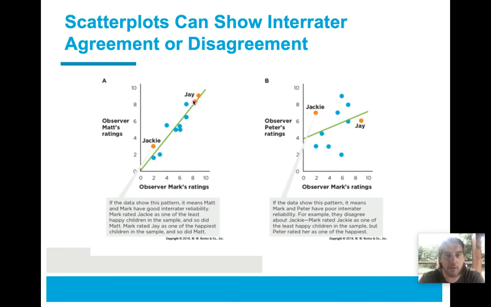So they both see that Jay is very happy, and they both see that Jackie is kind of sad. Right? She's not very happy. So this would be an example of good inter-rater reliability. We quantify it with a correlation, right? Our scatter plots, and we could calculate a correlation coefficient for their ratings.